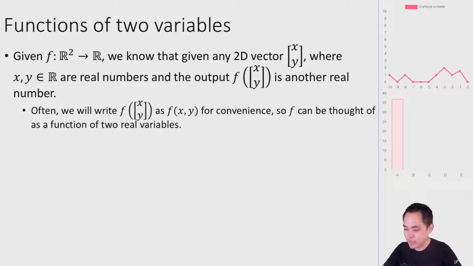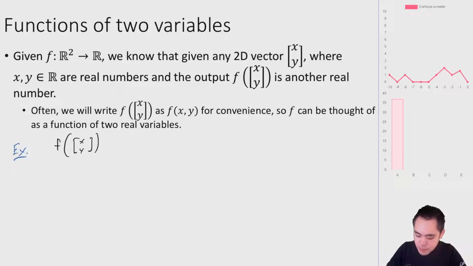And let's give a couple examples of this. Example: f of (x, y) is equal to the row vector (2, 1) times the column vector of whatever you put in, so that's equal to 2x + y.